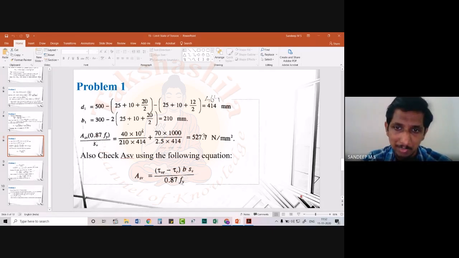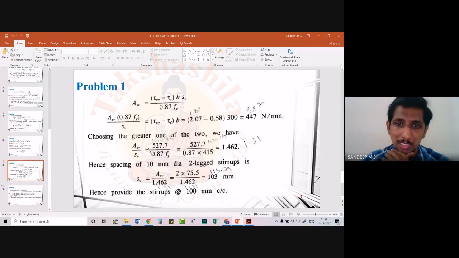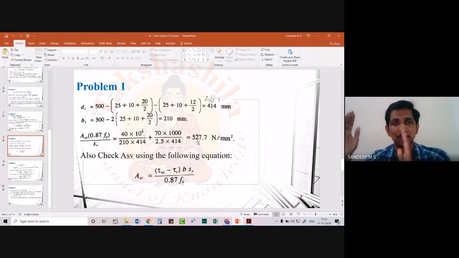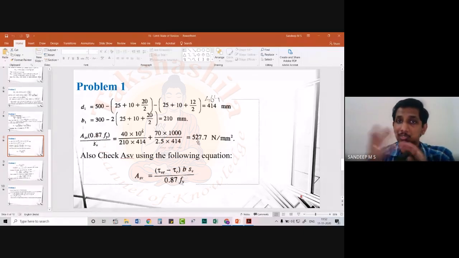So basically here we have the spacing equal to some constant value divided by 527, and in the second case we have spacing equal to again the same constant value divided by 384. So we know that when we have a larger number in the denominator, we will be obtaining a smaller value as our spacing. So as our spacing decreases, the amount of area of transverse reinforcement is actually increasing. This spacing is the center to center distance of your stirrups.